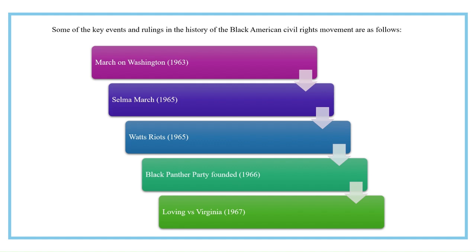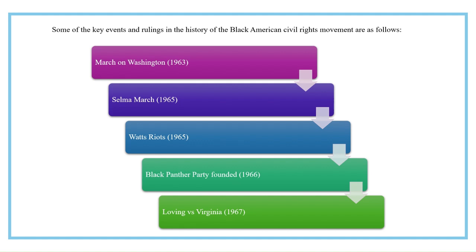It suspended literacy tests, provided for federal approval of proposed changes to voting laws or procedures, and directed the Attorney General of the United States to challenge the use of poll tax for state and local elections. Television broadcasts showing hyper-violent response against demonstrators played a major role in increasing Northern support for the civil rights movement.